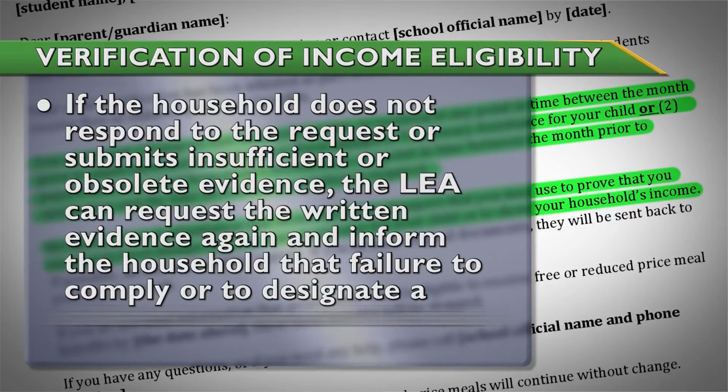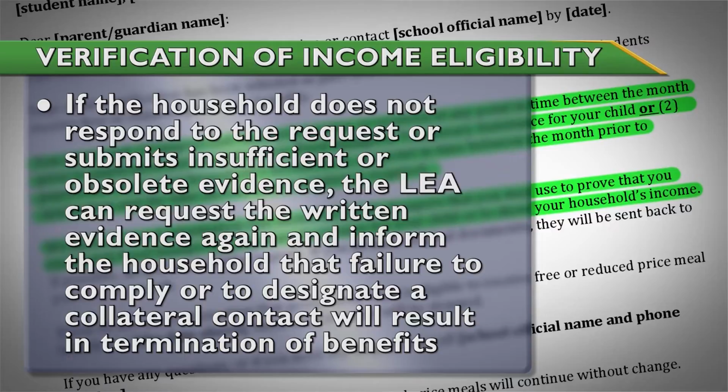If the household does not respond to the request for income information or submits insufficient or obsolete evidence after a follow-up attempt has been made, the LEA may again contact the household to request the missing written evidence and inform the household that failure to comply or to designate a collateral contact will result in termination of benefits.